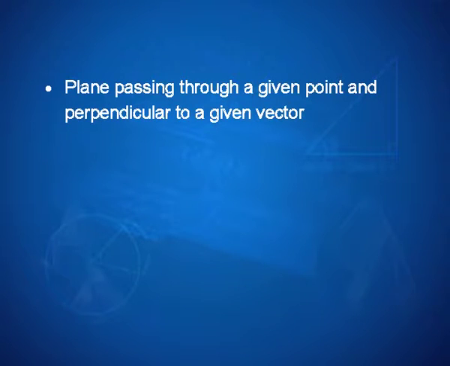If you know a point that lies on the plane and a vector which is perpendicular to the plane, we come up with another form which looks like r minus a dot vector n equal to 0. Vector r is the position vector of any point on the plane, vector a is the position vector of a known point, and of course, vector n is the normal to the plane.